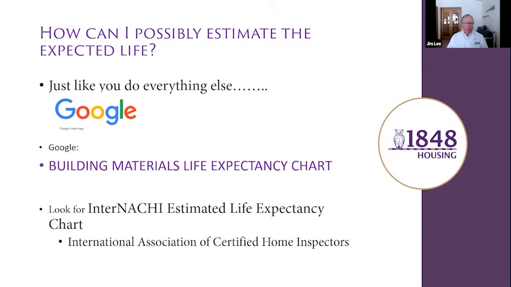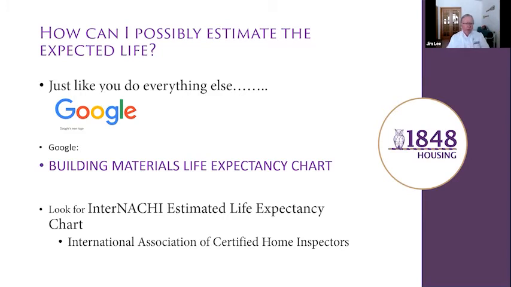So there is an association. There's an association for everything, but there's an association for home inspectors called the International Association of Certified Home Inspectors. This is a group that you might want to think about in the future using to do periodic inspections within your own facility, because if you've got a newer house, maybe it doesn't need to be done as often, but if you've got an older house, you should have periodic inspections by a third party.